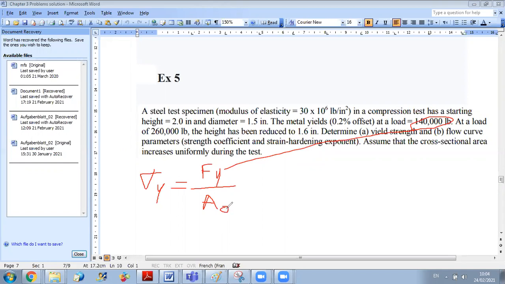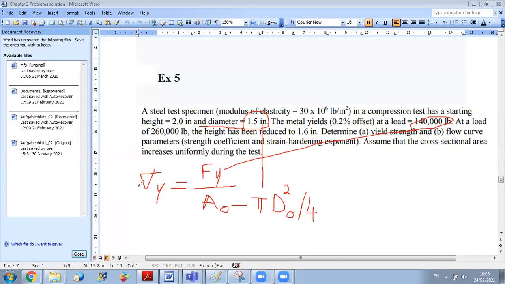Now, since we know the initial diameter of my specimen, which is 1.5 inch, I can calculate A0 using the initial diameter. It is equal to pi times d0 square over 4. This will give us the value of A0.